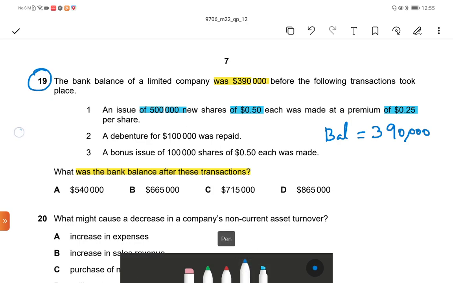multiplied by 0.75. How do we get 0.75? 0.75 means 0.50 plus 0.25. So what is the amount? 500,000 into 0.75 is equal to 375,000.